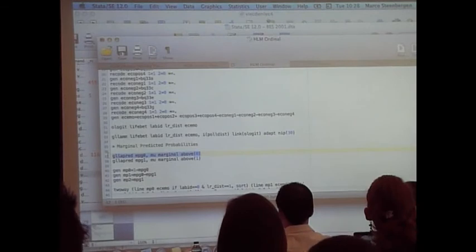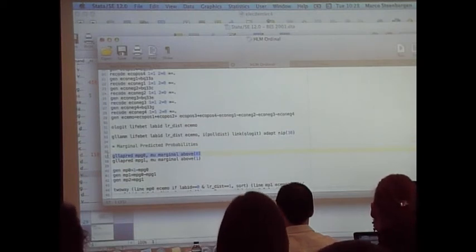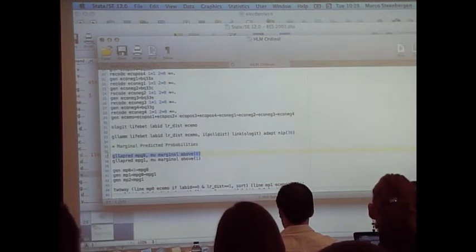It's again mu, because we want to predict the probability, marginal because we want it to be a marginal predicted probability, but now we have to tell it which one we want to calculate. We want to calculate above 0, we want to calculate above 1, because I coded my variable 0, 1, 2 rather than 1, 2, 3.